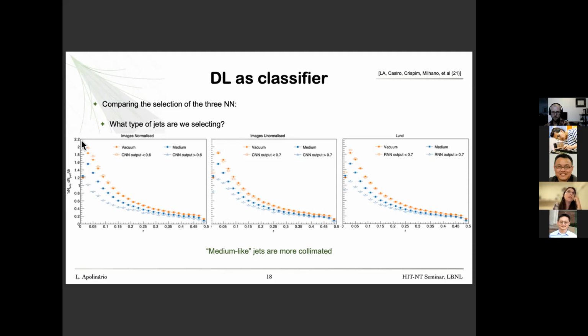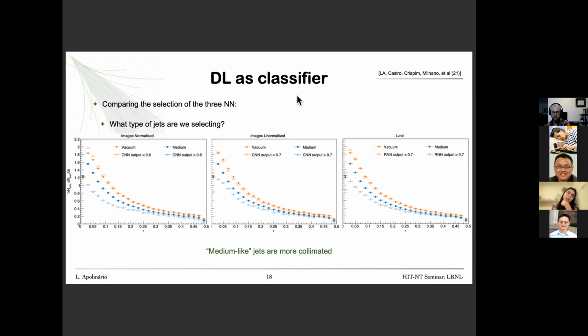We have here a point that goes right above the others, but the other ones are kind of flattish. In a very extreme case, the medium-like jet seems to be more collimated with respect to JEWEL.